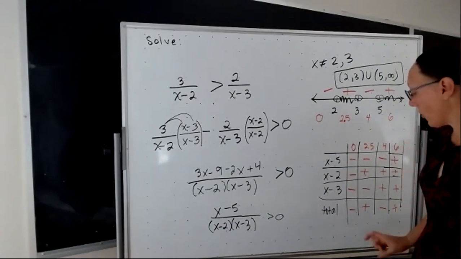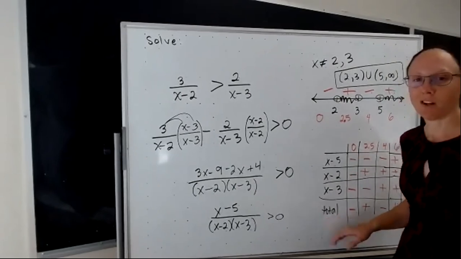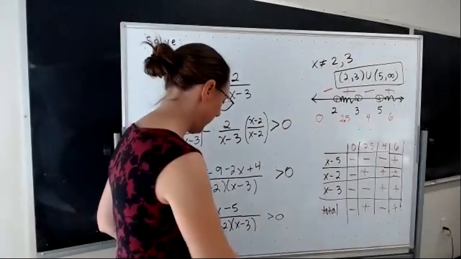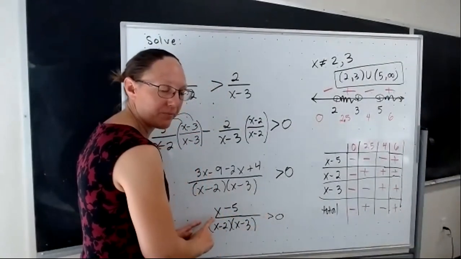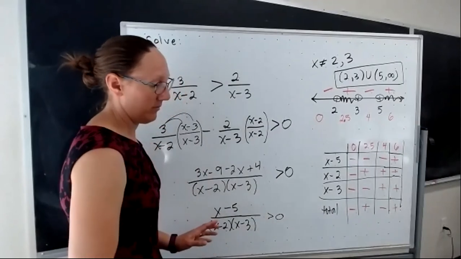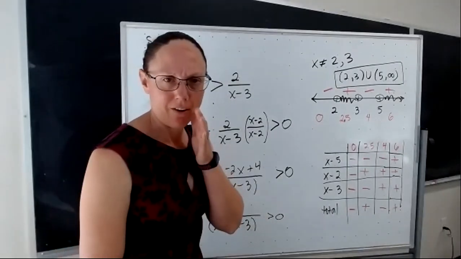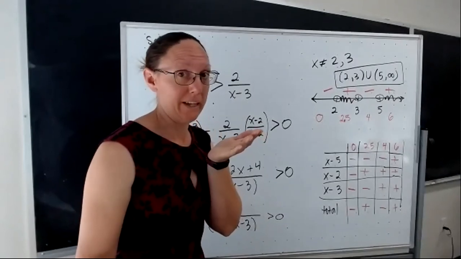Yeah. So my total row is thinking about the overall composition of the thing. If you have an odd number of negatives, the whole thing's negative. How about that?